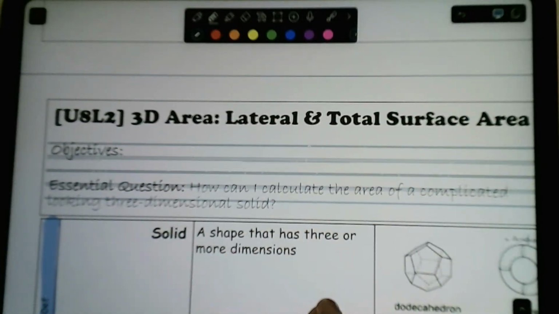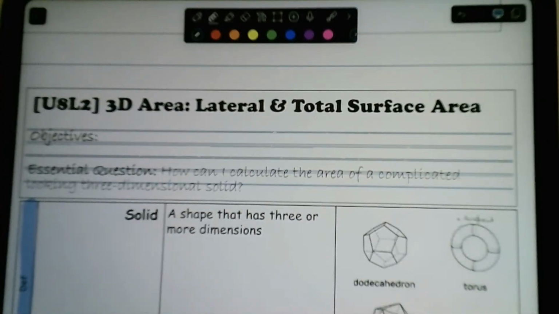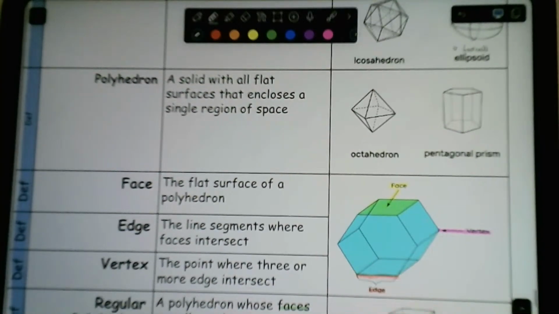3D area gets a little wonky. You have to be able to identify the 3D object as opposed to the 2D object of square, rectangle, circle, sector. Now you have to identify the polyhedron, and they have cool, funky names. You have to be able to identify the face of the polyhedron, that is the flat surface.